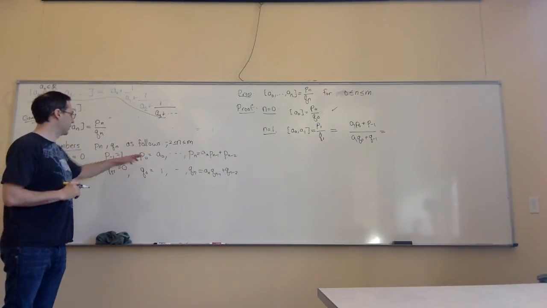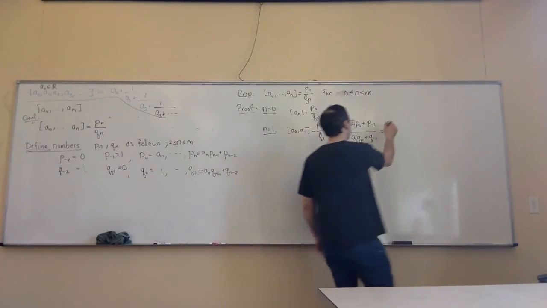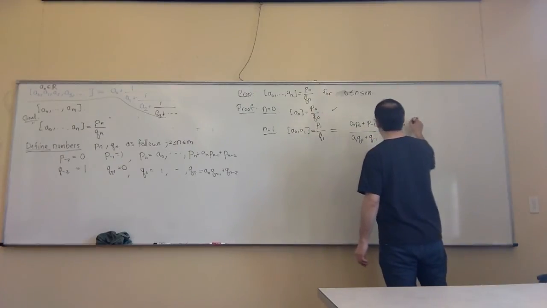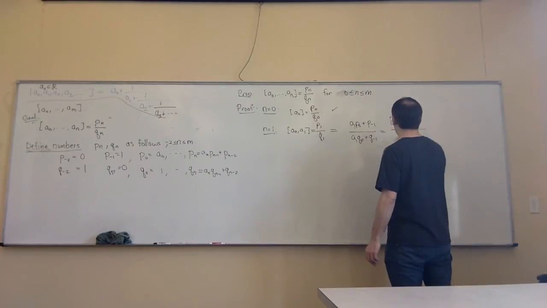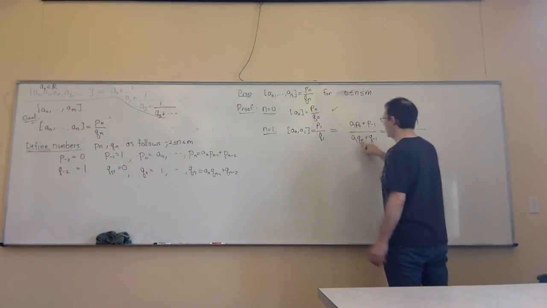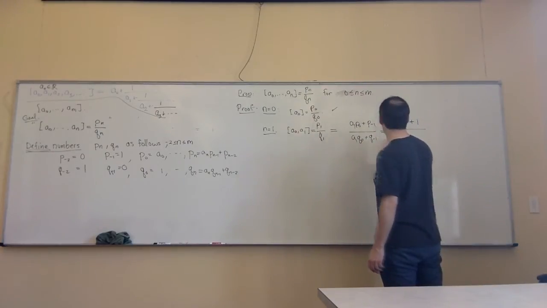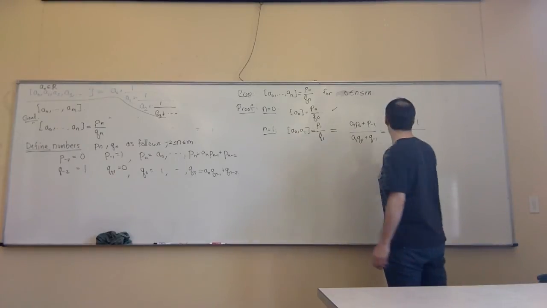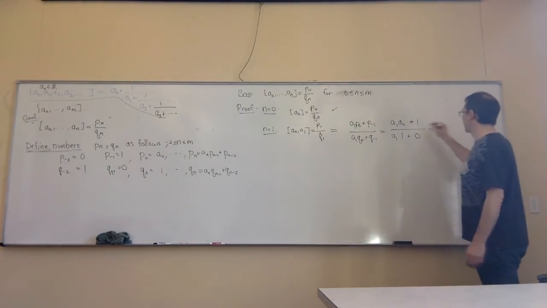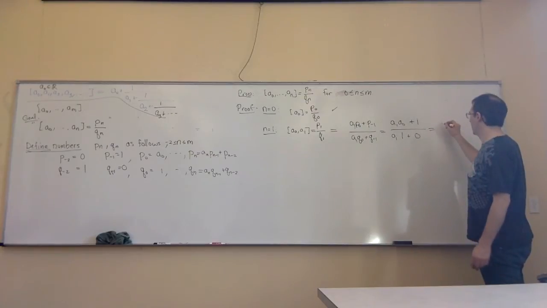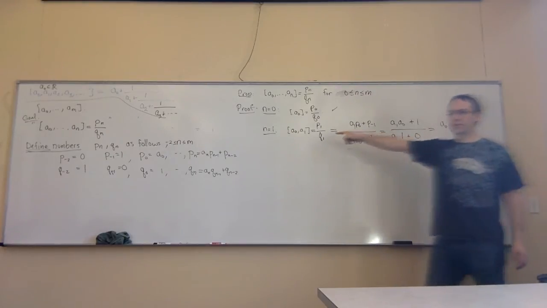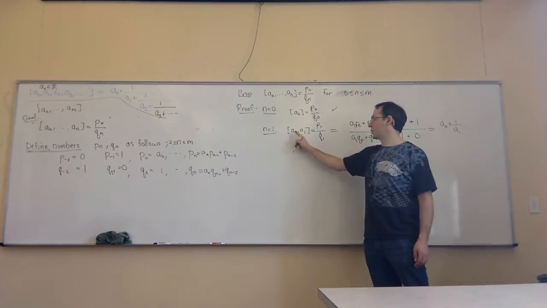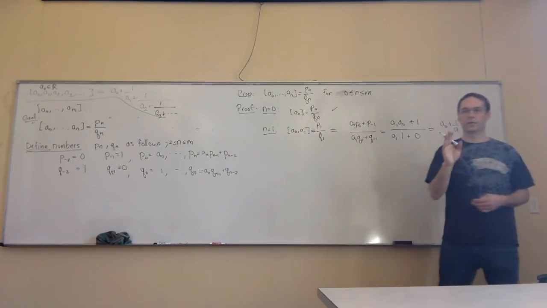But P0 is a0, so this is a1 a0 plus P minus 1, which is 1. And this is a1 Q0, Q0 is 1, plus Q minus 1, which is 0. So what is this? Just a0 plus 1 over a1. It works, because that's what this is, right? This is the continued fraction a0 plus 1 over a1. Question?